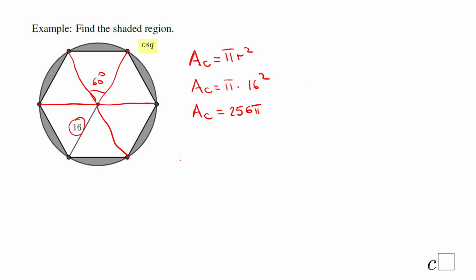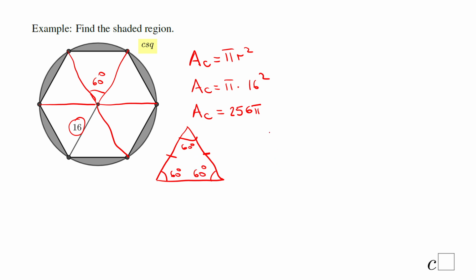So let's draw one triangle like this. These two are congruent because they are the radii of the circle. This is 60 degrees, so that means in fact these two angles are 60 degrees also. So we have an equilateral triangle.